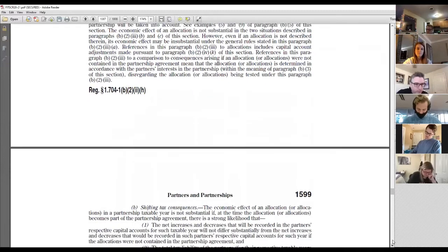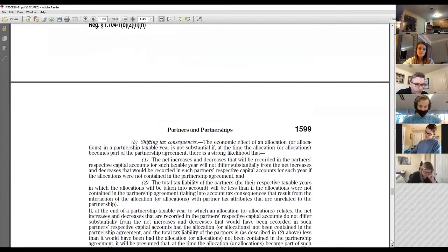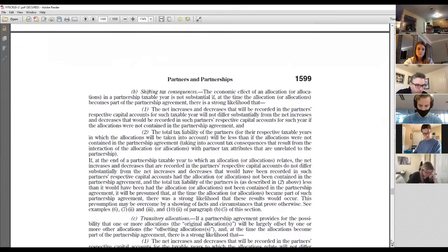This is -1(b)(2)(iii)(b), the shifting tax consequences. This is the shifting test. It tells us the economic effect of an allocation or allocations.